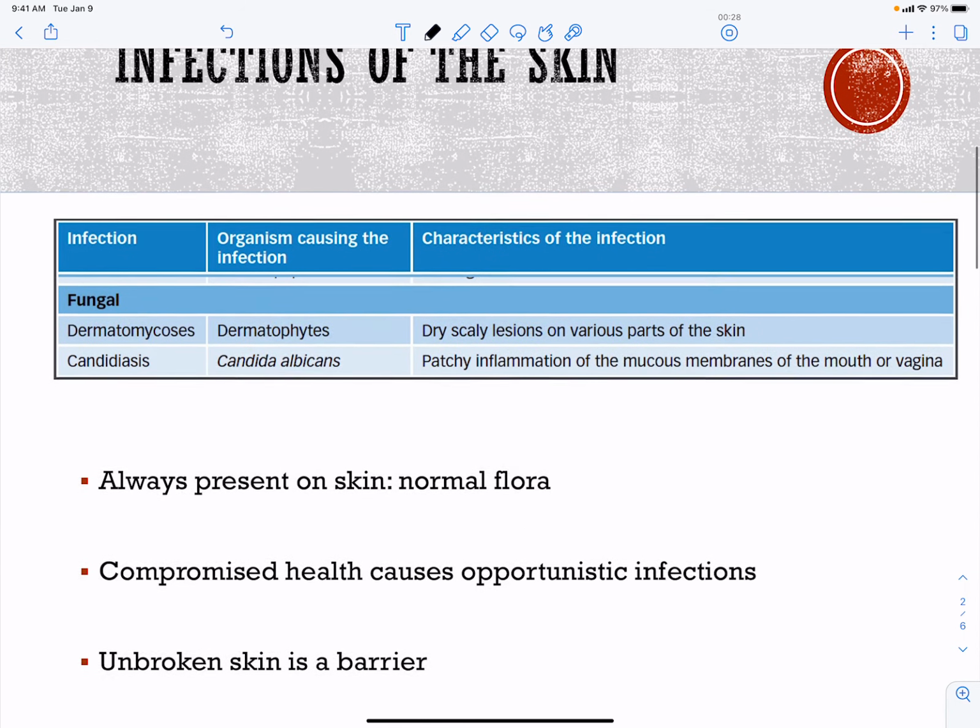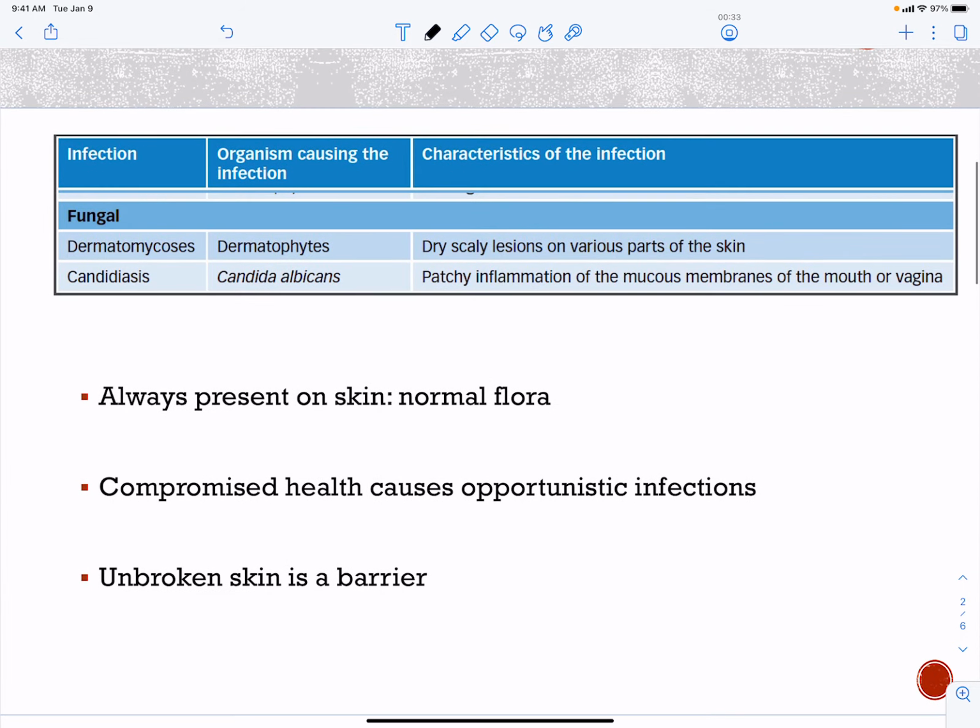Now, the fungus we're going to focus on are the dermatomycosis caused by our dermatophytes, or Candida, which is our yeast. It's a normal flora yeast, and Candida albicans can cause some infections of our skin. Now, we do have some fungus that normally are found on our skin, our normal flora, and one example is Candida.